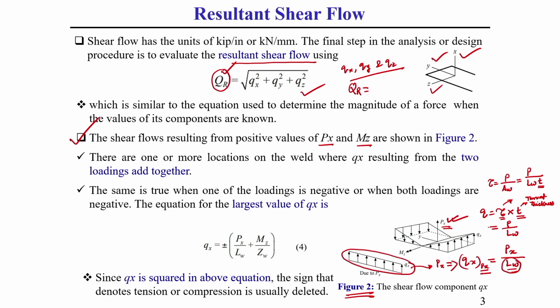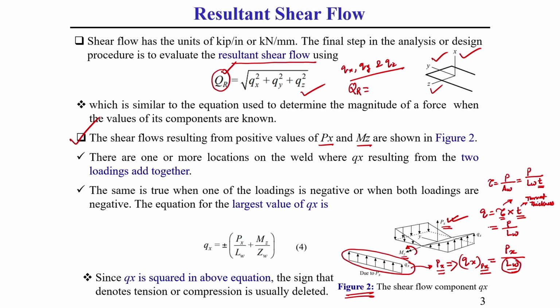So, this is Qx due to direct force Px. Now, apart from these things, here you see there is a bending moment acting, that is Mz, which is generally towards the direction of z.